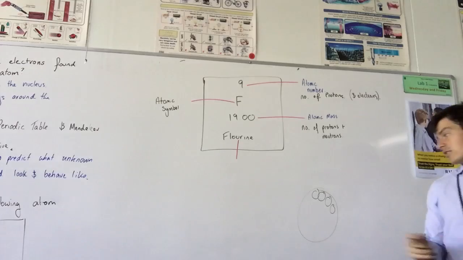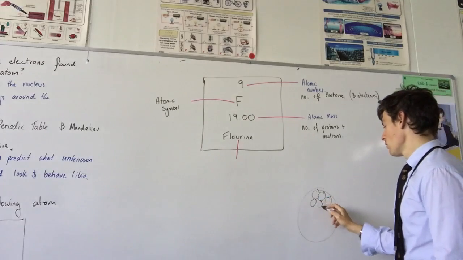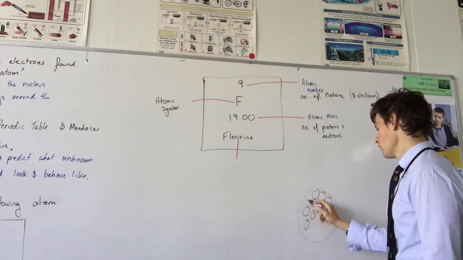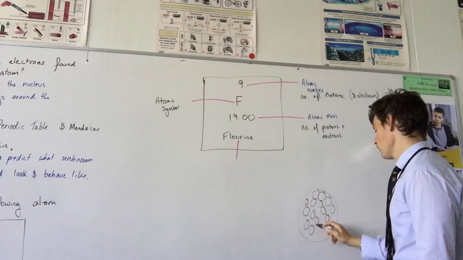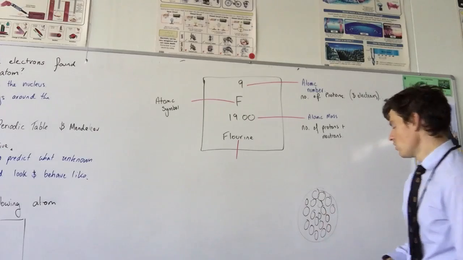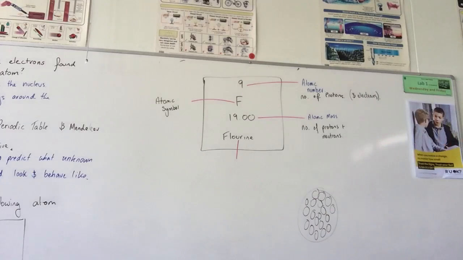Now, question 3 asked us to draw that. 8, 9, 10, 11, 12, 13, 14, 15, 16, 17, 18, 19. So I should have, what's that part of my atom? What do we call that? The nucleus.